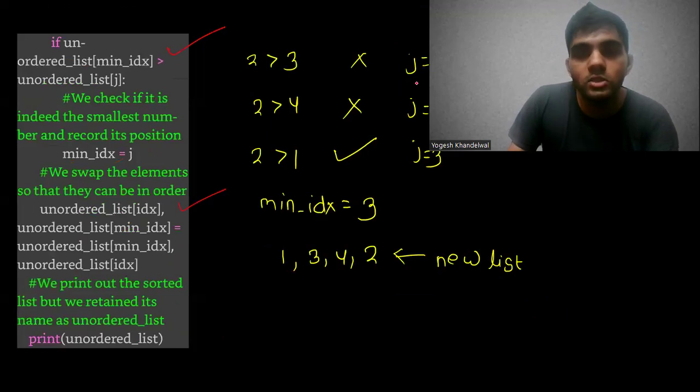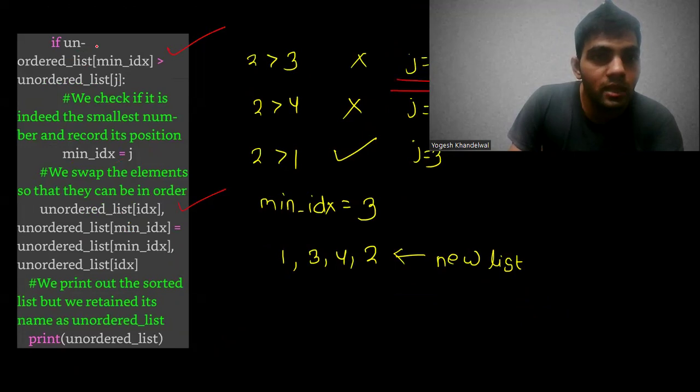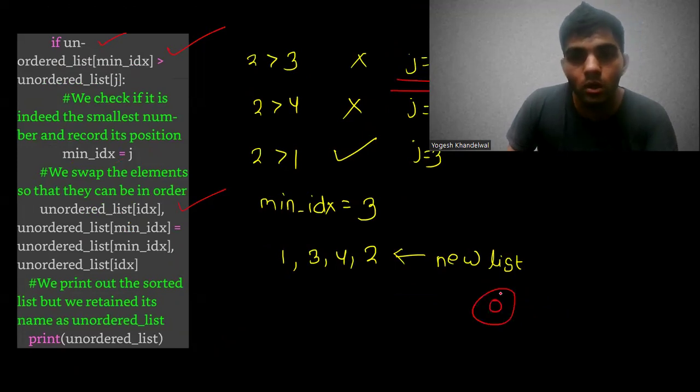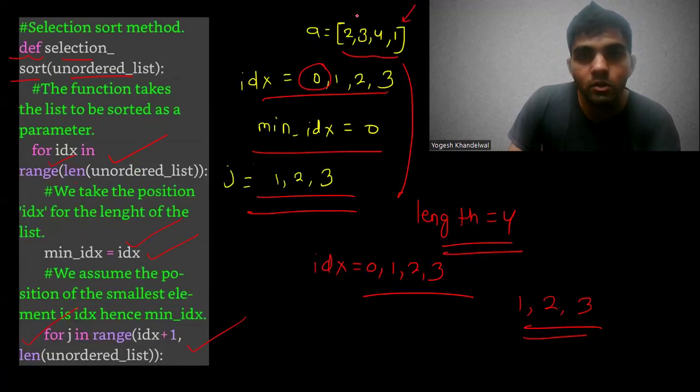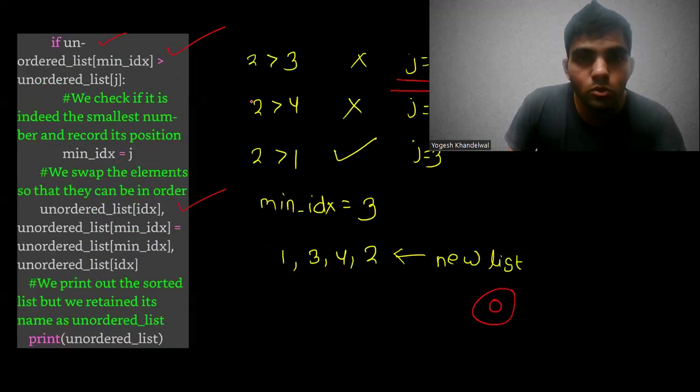So if we check for j equal to 1 with this condition: unordered list of min index, where min index is 0, means which element? It is talking about the first element, so 2.